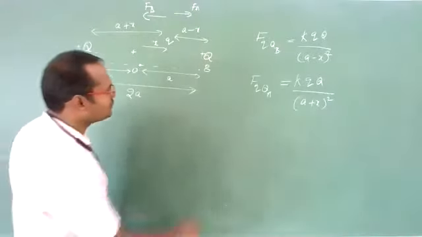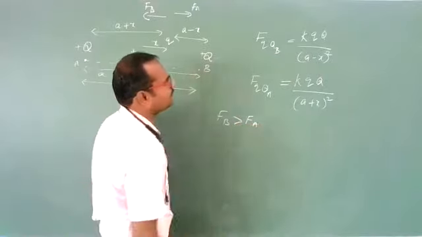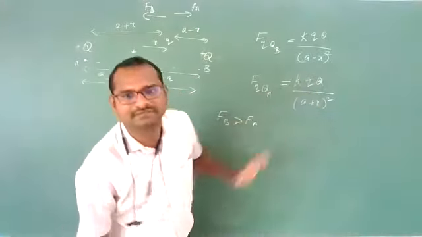Which is more among these two? The force due to the charge at B is greater than the force due to the charge at A. Yes or no? Just look at the denominator.